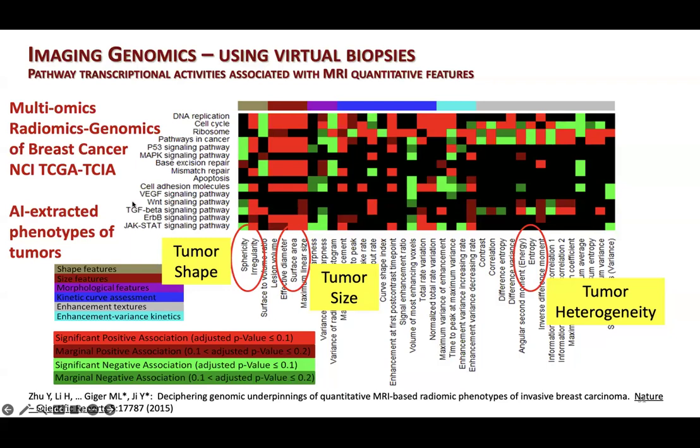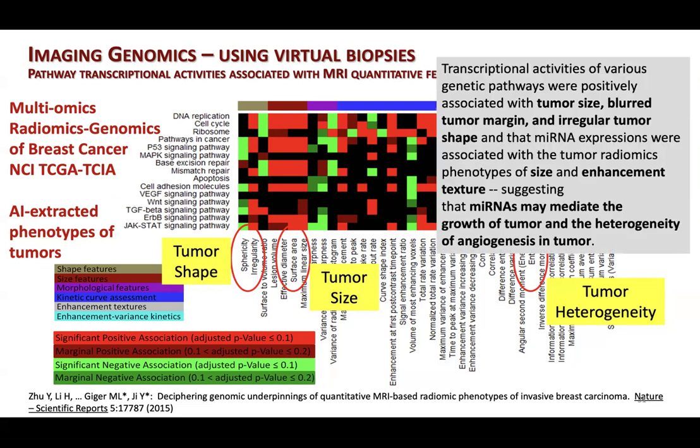Now, this was using data from the NCI, TCGA, and TCIA data sets that enabled us to do this pilot study. We're now working between departments of radiology and medicine in the oncology area to take this further with a larger data set. But this is very promising.